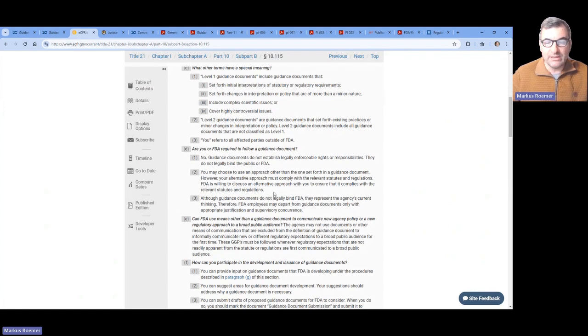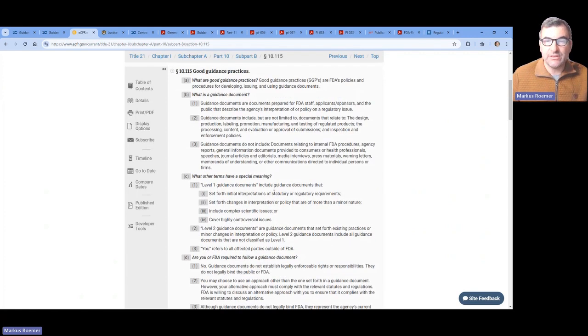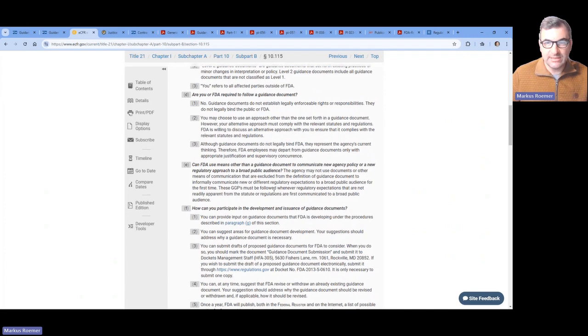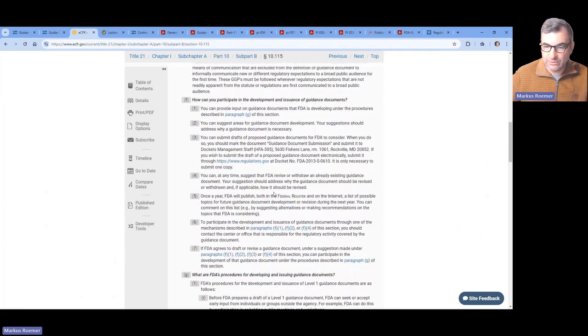So this is pretty well defined. Not anyone can write a good practice guidance for industry document. We don't read that in detail, but just so that you have heard that guidance for industry documents are written according to 21 CFR Part 10.